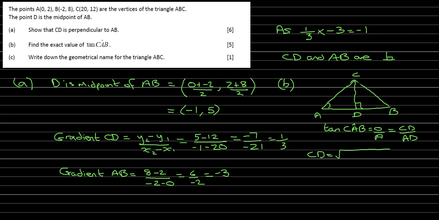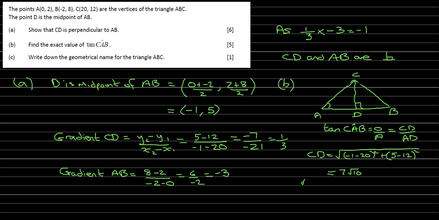So the distance CD, well, that's going to be equal to the square root of x2 minus x1 all squared, so that's going to be minus 1 minus 20 squared and 5 minus 12 squared. So if we look at that on our calculators, that comes out to be 7 root 10.